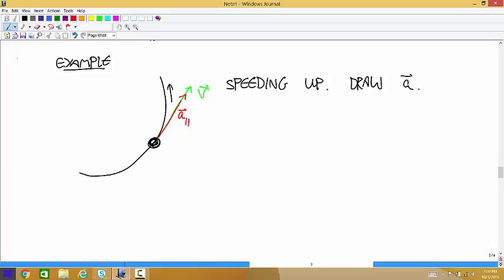Now the third step, you have to think about which direction this is turning. We're going to draw a vector that's perpendicular to the velocity vector, so either that way or that way. Is it turning into the circle or this way? Into the circle. And so the perpendicular part goes like this.